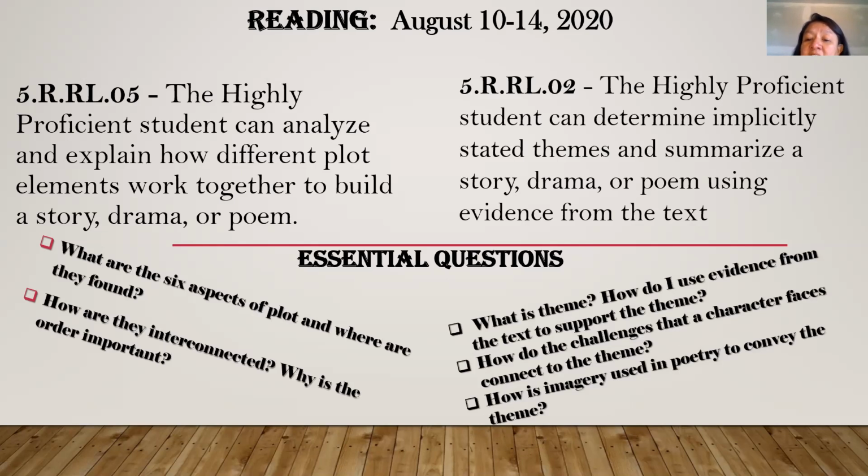How do the challenges that a character faces connect to the theme? How is imagery used in poetry to convey the theme? So we will be working more with theme. Theme you guys did on the plot diagram, and you probably have some idea of how to do it.